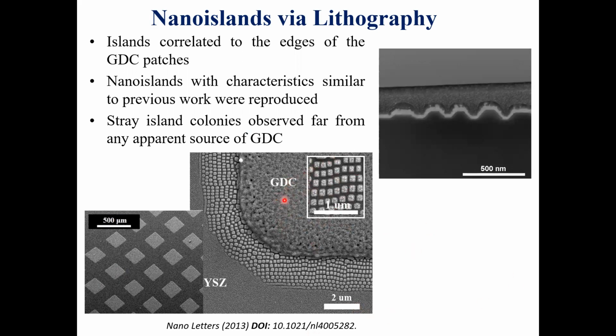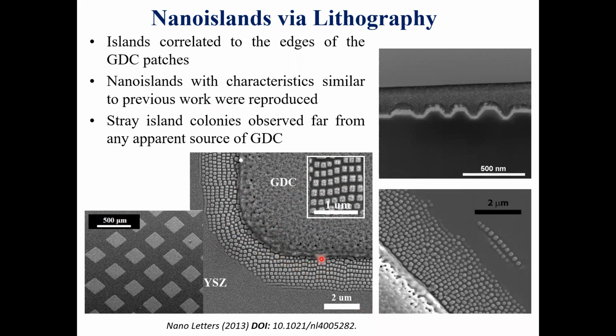So clearly, you don't need this solid solutioning during the deposition process, but it can happen during the high temperature heat treatment, where material can spread by surface diffusion and the nano-islands form during the heat treatment process.